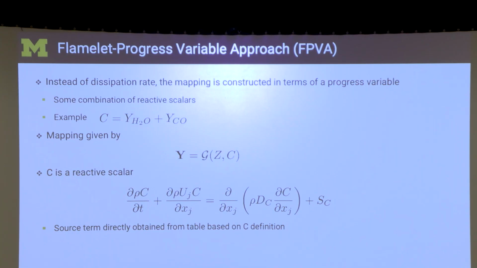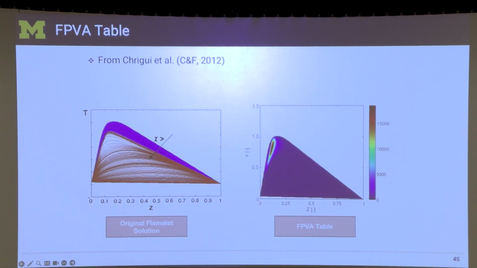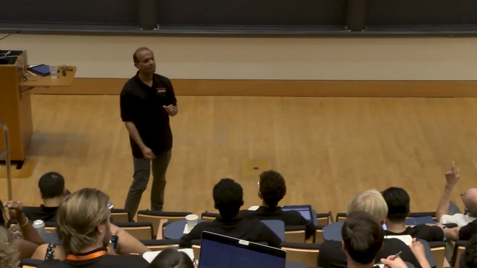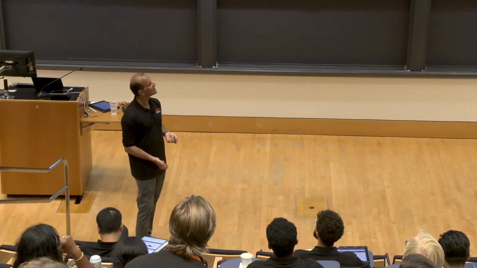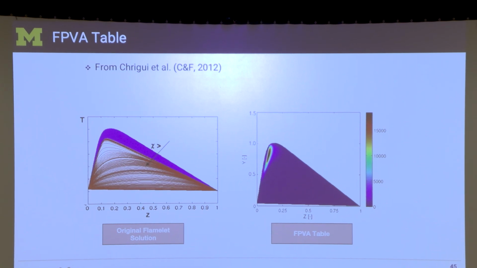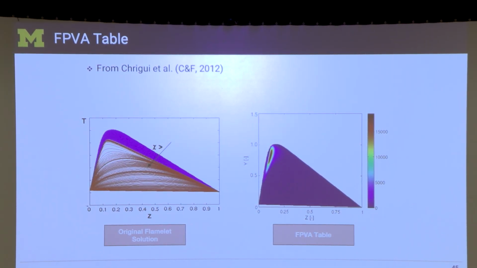So I'll show you how this table looks. This is from a different simulation. What we do is we take the same counterflow configuration. We run many different chi values, different strain rates. We generate all of these different lines. On each one of those lines, there's a particular mixture fraction, a particular C value, the sum of H2O and CO. So we take that information and recast it.